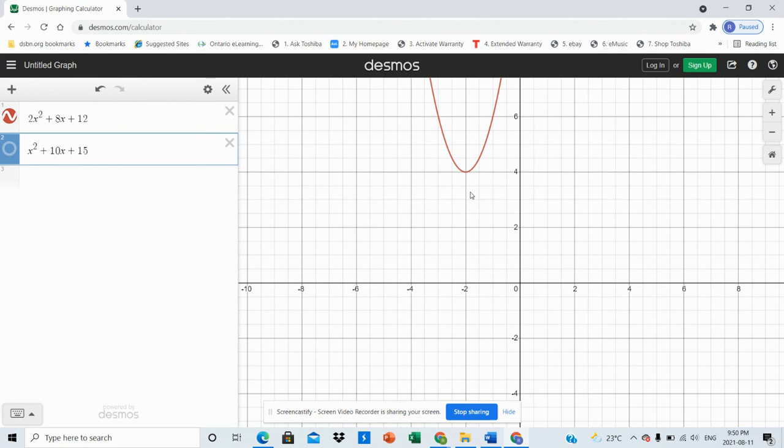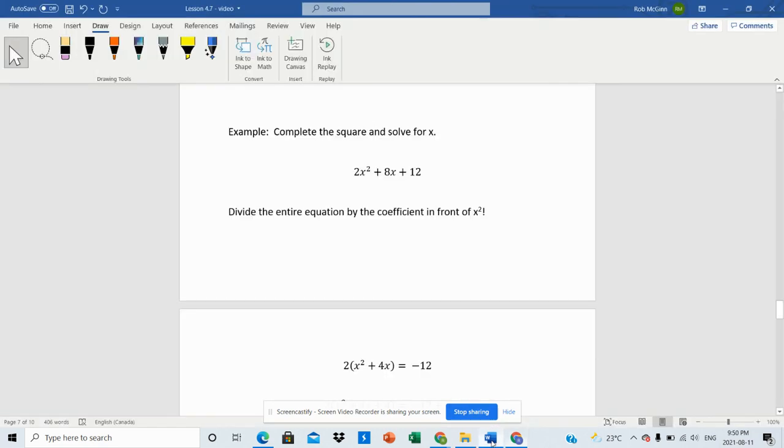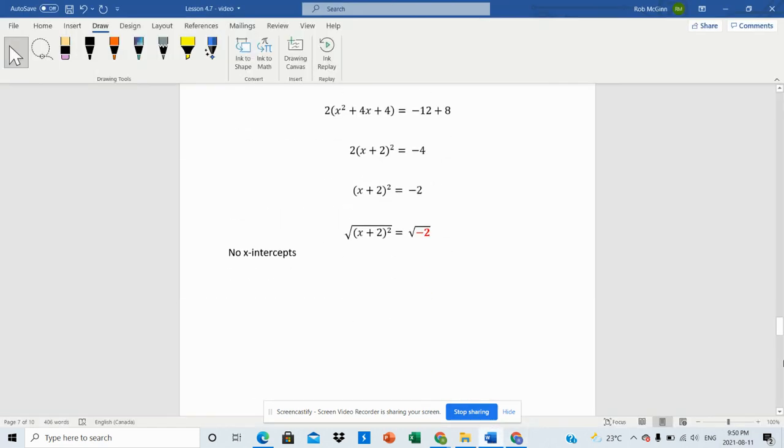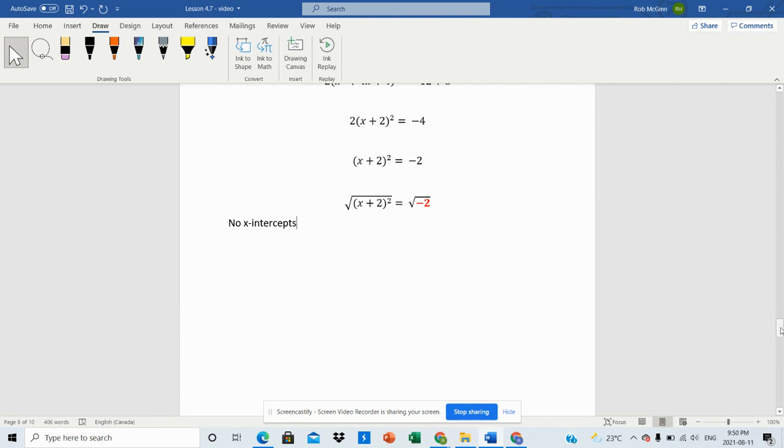And lo and behold, we see that my vertex is at minus 2 and positive 4. This parabola never crosses the x-axis, and that's why it has no roots or zeros or x-intercepts. That's why we had the square root of a negative number there, because we can't solve it.